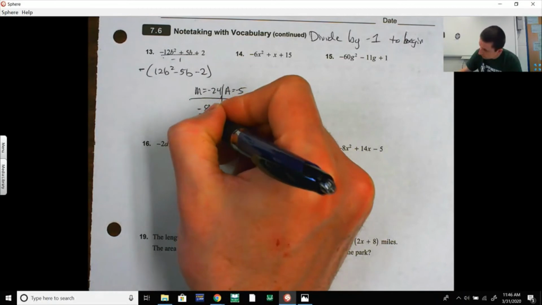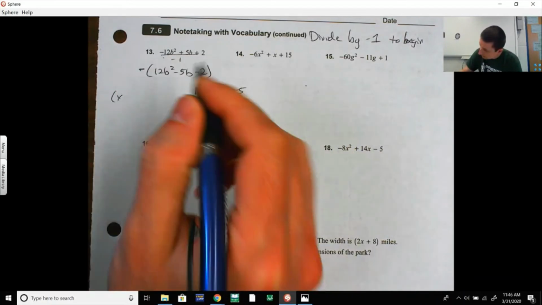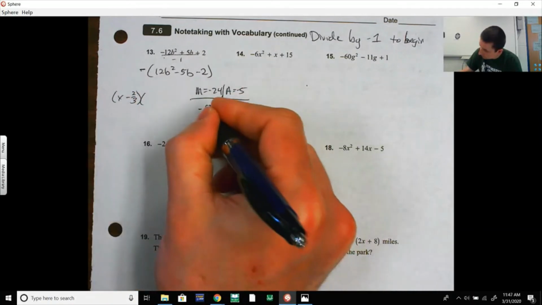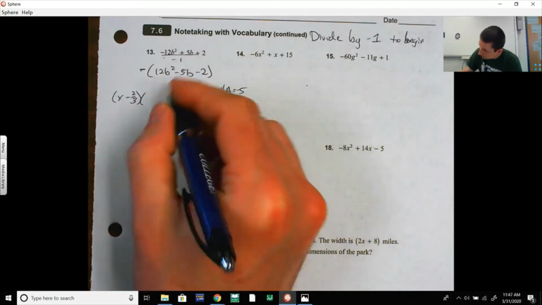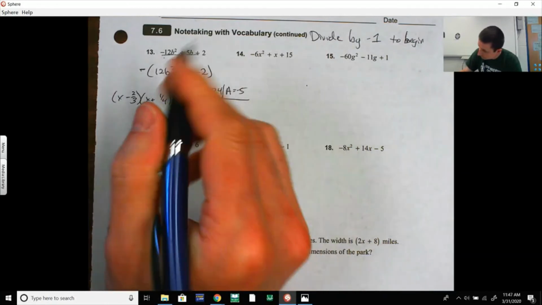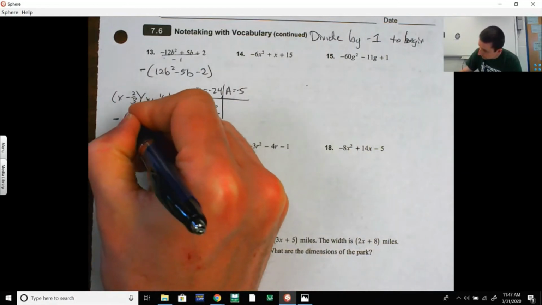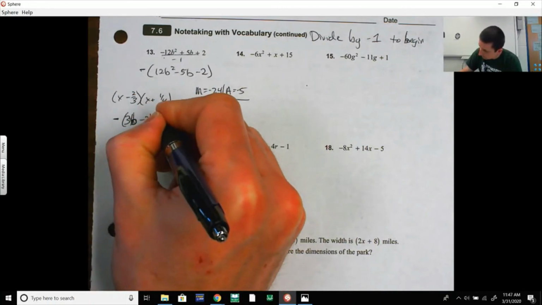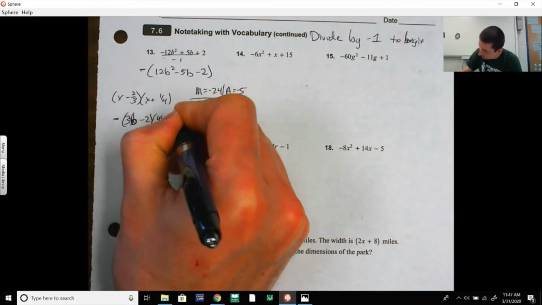Divide those by 12. We get x minus 2/3. 8 over 12 is 2/3. 3 over 12 is 1/4. So x plus 1/4. We get negative 3b minus 2 times 4b plus 1.